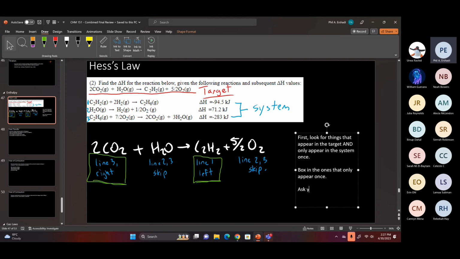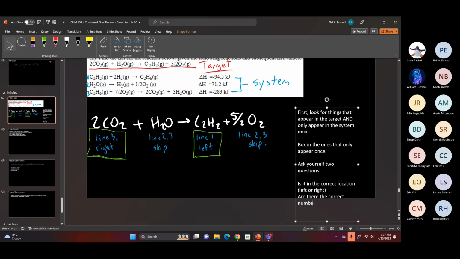And then ask yourself 2 questions about it. Is it in the correct location with regards to left or right? And also ask yourself, are there the correct number of them?